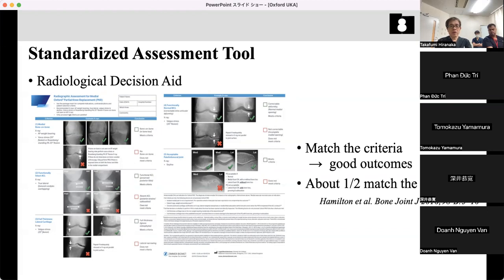According to the radiological decision aid, at least 5 patients can have unicompartmental arthroplasty, but in fact, less than 10% of patients have undergone UKA so far. But we should increase the percentage of UKA.